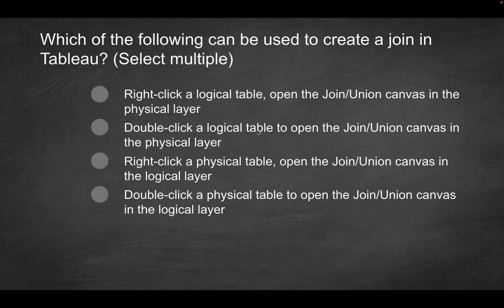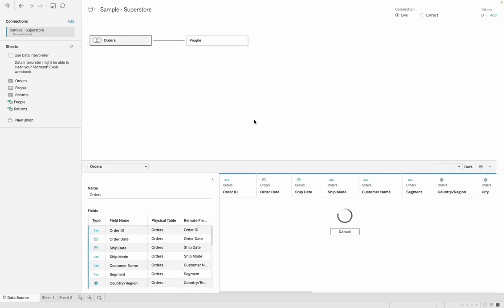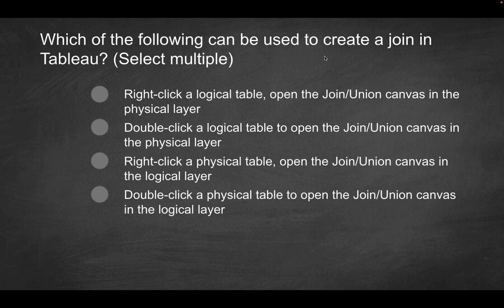First things first, this is referencing the data source tab over here. And the objective is to create a join. So do I right-click a logical table and open the join union canvas in the physical layer? What this is saying is, do I go into the physical layer, and that's where I make the join?